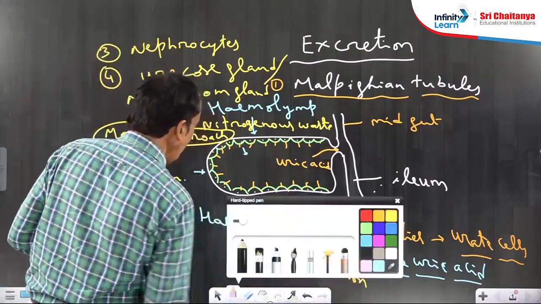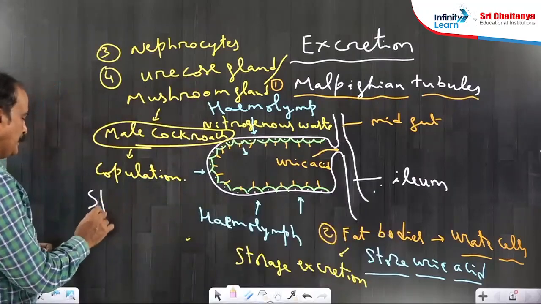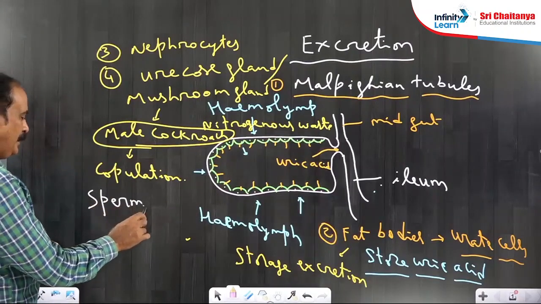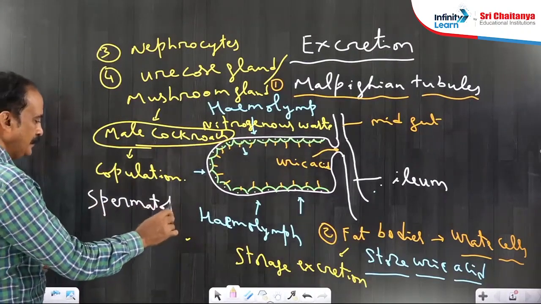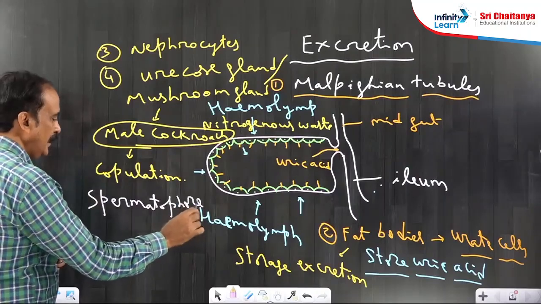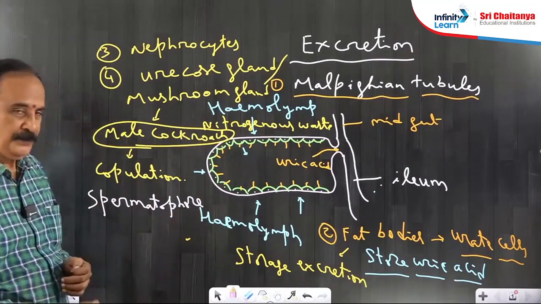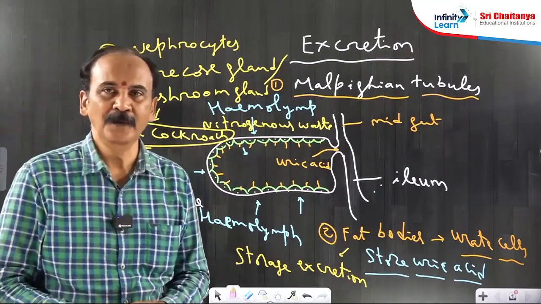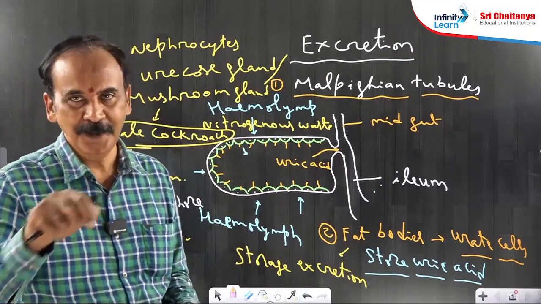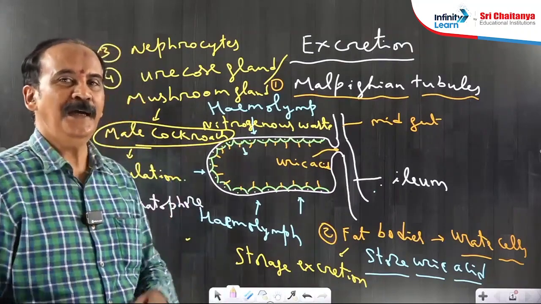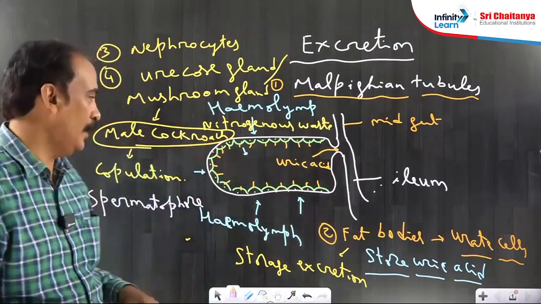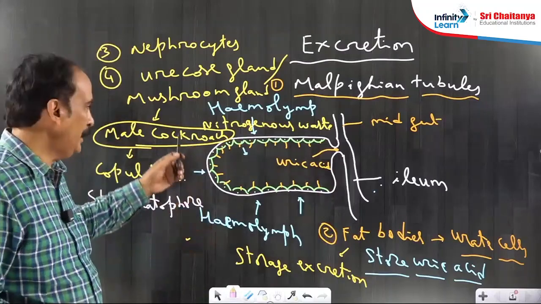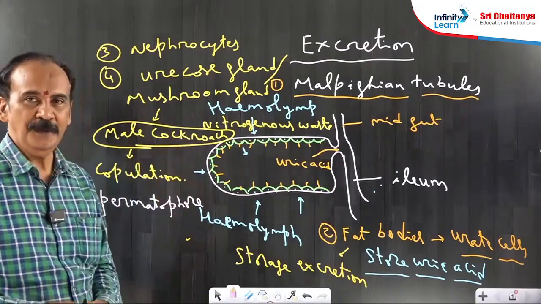During copulation, what the male cockroach will do is it releases the sperm bundle and that sperm bundle is attached to the spermatheca in the female cockroach, and after that it will spray uric acid over this spermatophore or sperm bundle. That is how male cockroach can get rid of the nitrogenous waste.